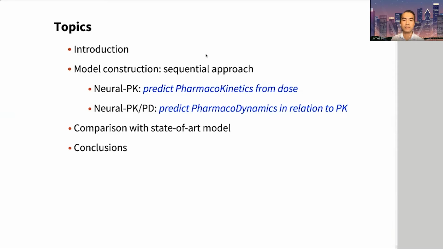This will be followed by neural PKPD modeling, where we aim to predict PD in relation to PK. We will then compare the model performance with an existing state-of-the-art model and draw some conclusions from the result and the potential next steps.